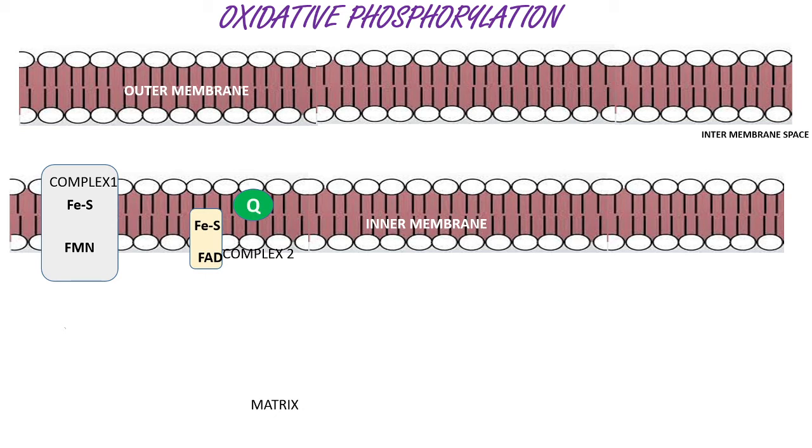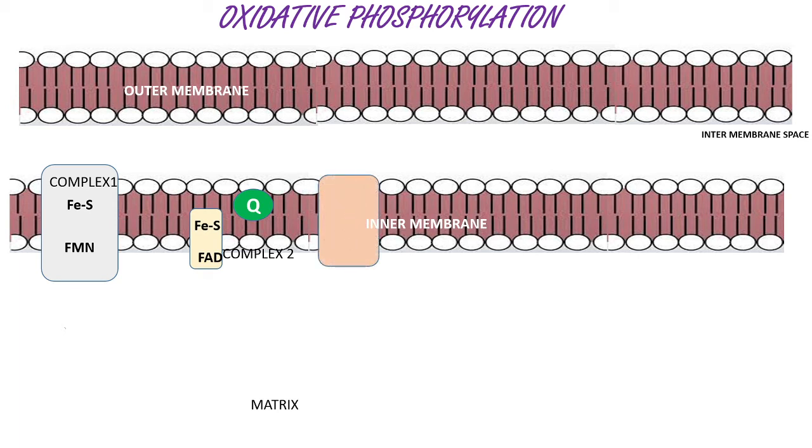Ubiquinone has 3 configurations, that is ubiquinone, semiquinone, and ubiquinol. When it accepts one electron, it converts into semiquinone, and when it gets a pair of electrons, it is converted into ubiquinol. After that, we have complex 3.